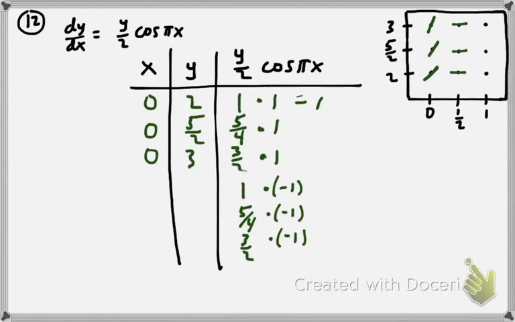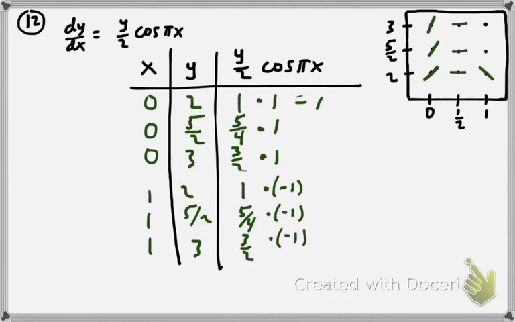So you could try to find some patterns here. And so we just have negative, so -1 for the (1, 2), -1 there, -5 fourths there, so a little bit steeper than the negative.